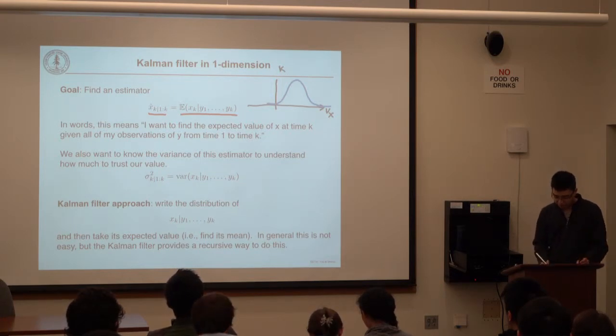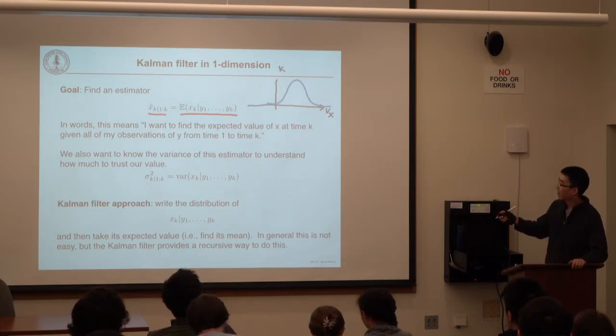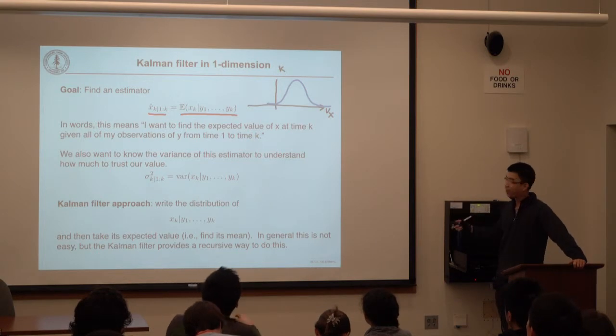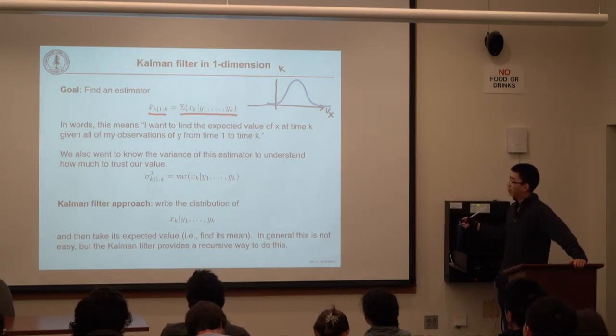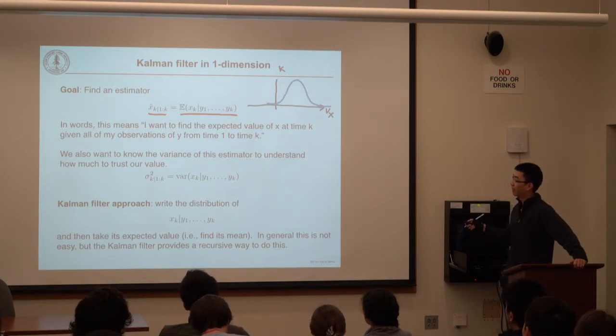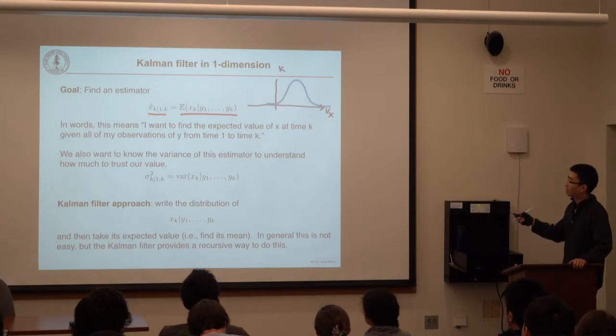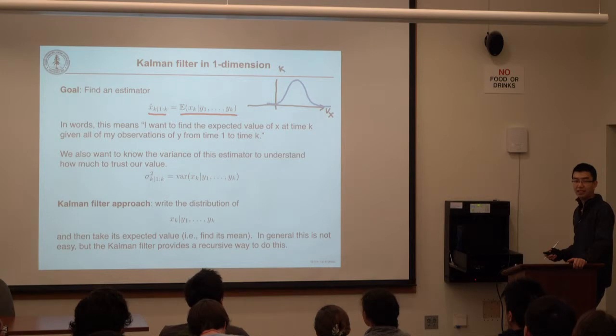So the expected value here of xk given y1 to yk means build a distribution of what my vx, my xk, looks like at time k, given all of the neural data, all of my observations from time 1 to time k. And then I want to take the expected value of this x, and I'll treat that as my decoded velocity. So what's the expected value of this Gaussian distribution here?